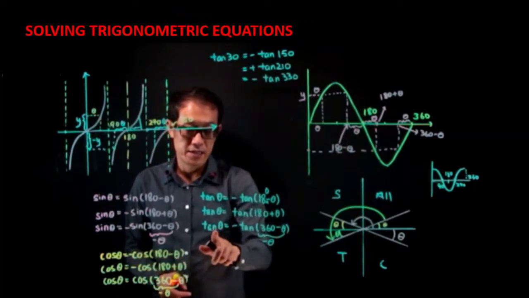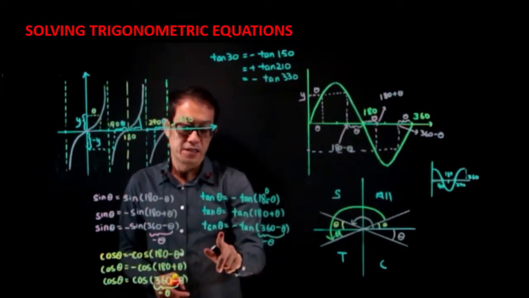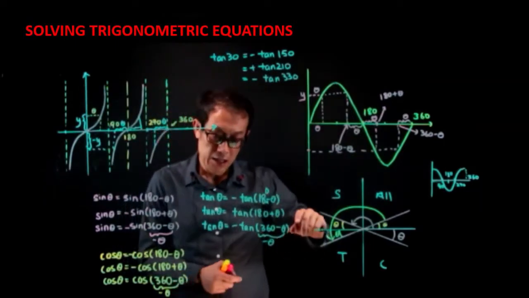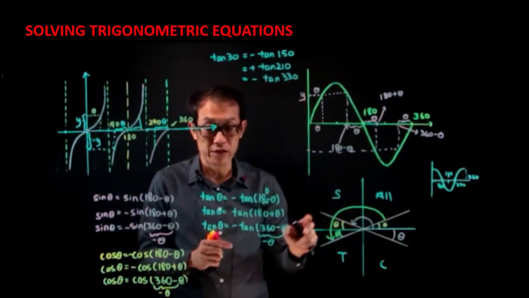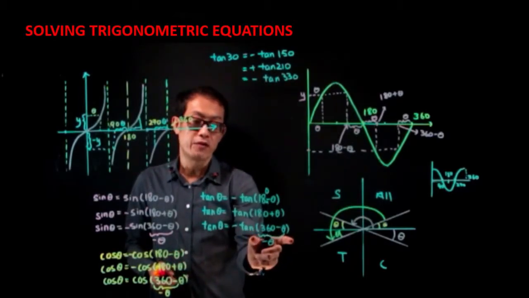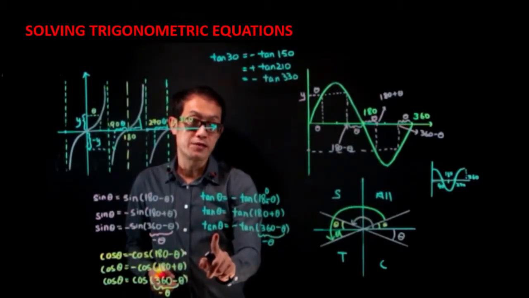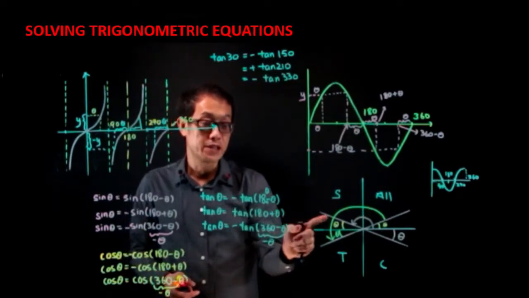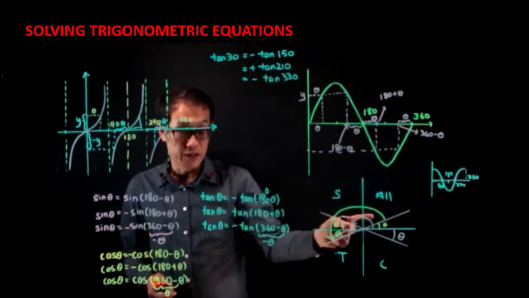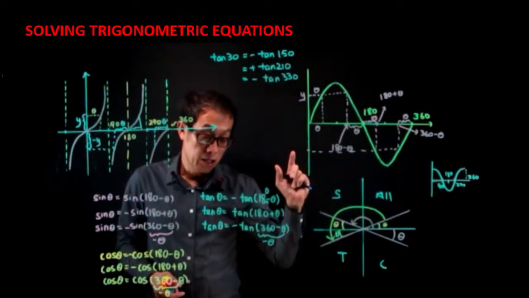How about tangent theta? If theta is acute, is it necessary that I take it as acute? No, this is for reference only, easier to see. If this is acute, then this is in the fourth quadrant. Tangent is positive in the first quadrant but negative in the fourth quadrant.